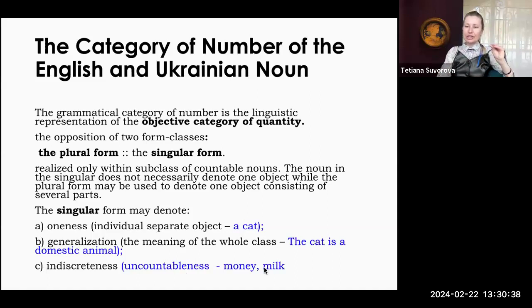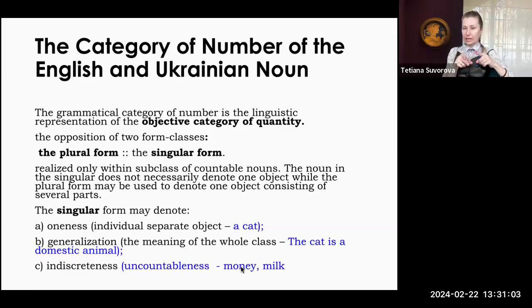In these details, that money in English is a unit, inseparable, and in Ukrainian it is a collection of something.